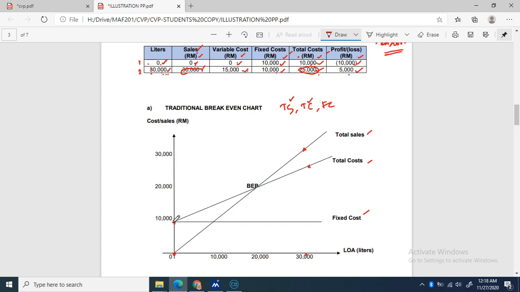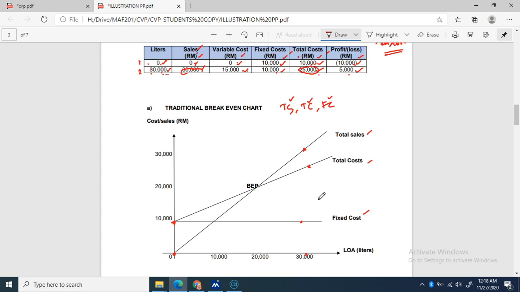So you have 2 points here, 1 point, and here is 1 point. So draw a straight line for total cost. Now the fixed cost line. Whatever the quantity, it is 10,000 at 0, and at 30,000 liters it is also 10,000. So a straight line here. So this is the fixed cost graph.